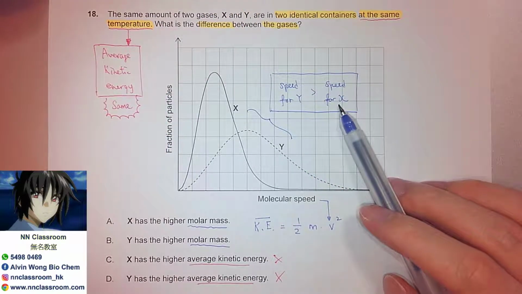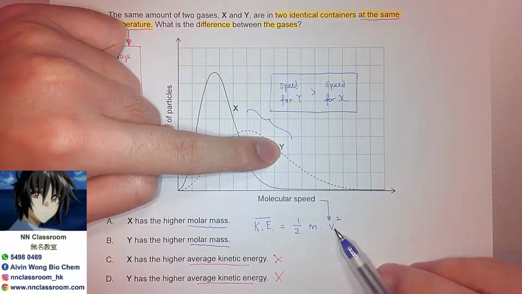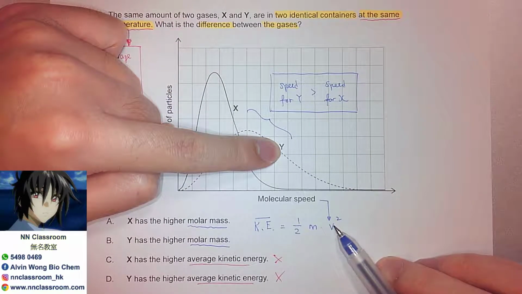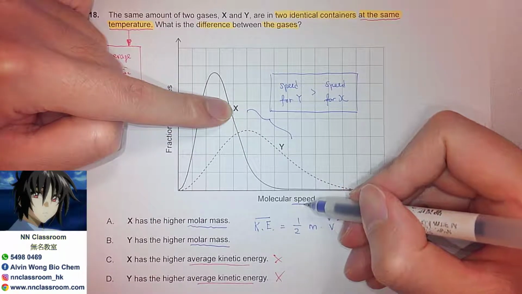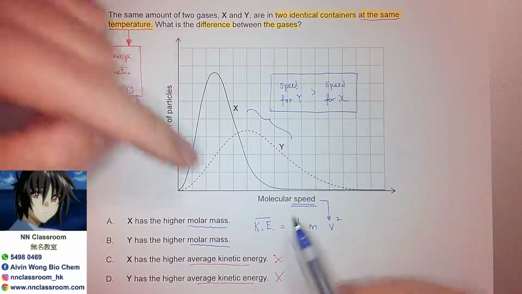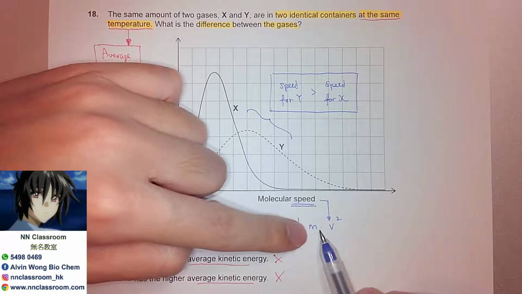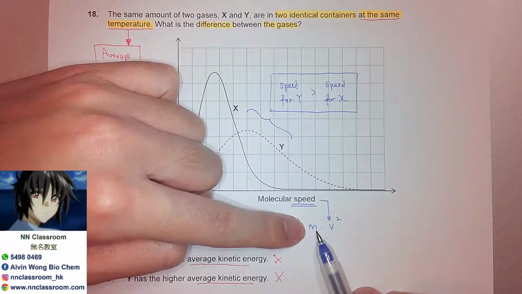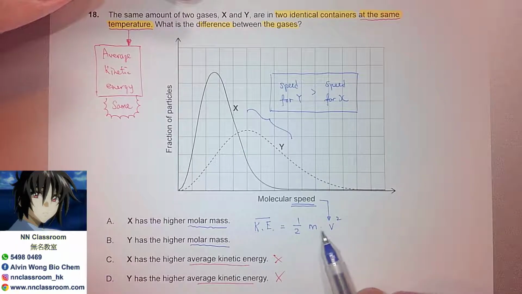That makes sense. For Y, it has a higher v value. For X, it has a lower v, because v stands for the molecular speed. If the KE values are the same finally, then in terms of mass, X should be greater, in order to compensate these two magnitudes.